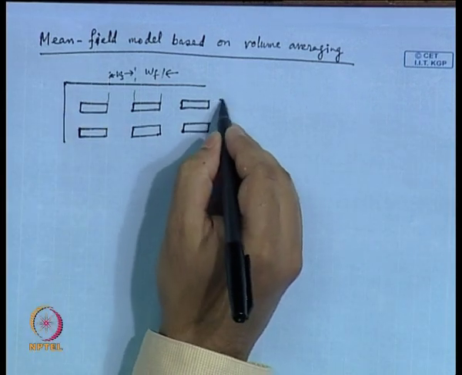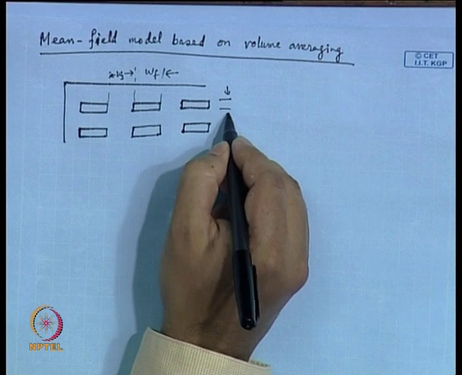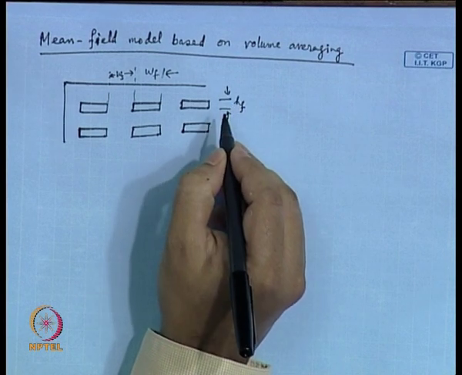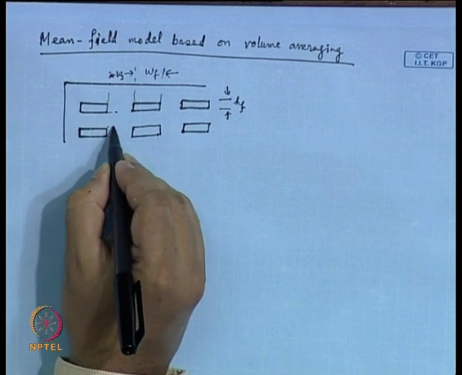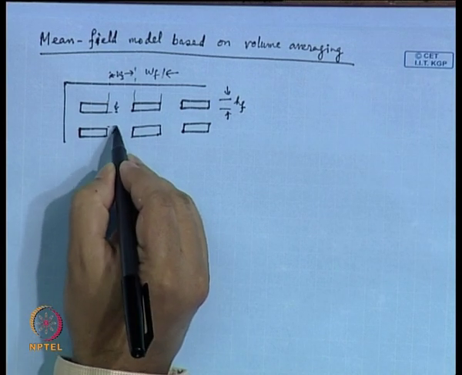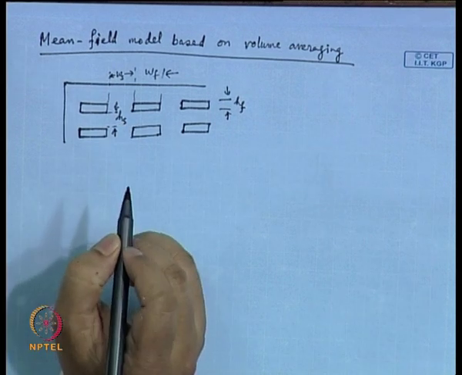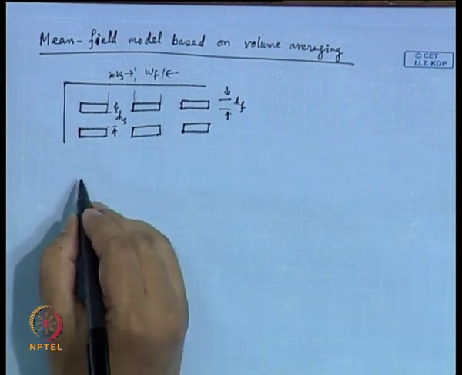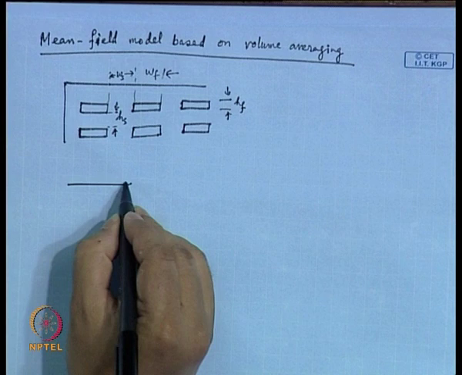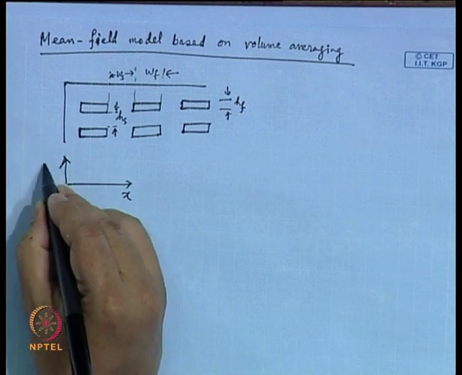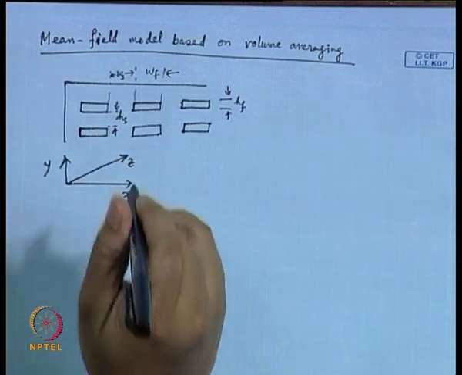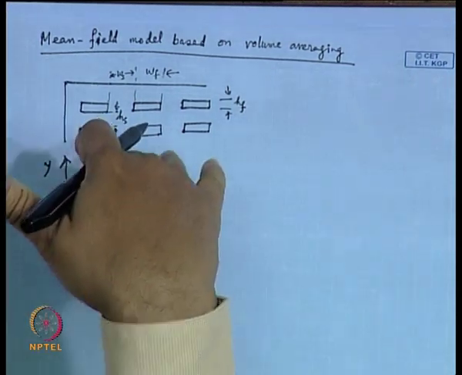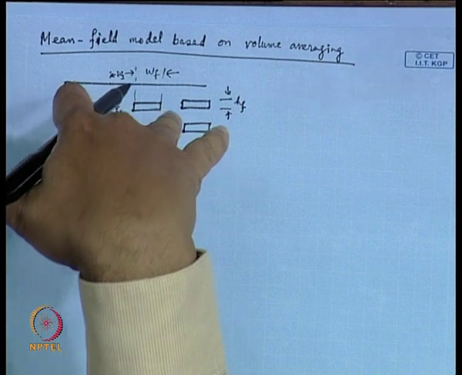Similarly, this distance is considered HF and this distance HS. And you are considering x in this direction, y in this direction, and z in the direction perpendicular to the paper. So, flow is taking place perpendicular to the paper through these channels.